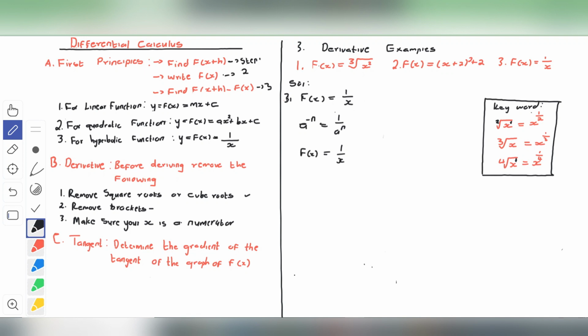Remember I said this a is the term which we're given here, it can either be x or y, which is under the denominator, right? And then what is n? n is the exponent, right?